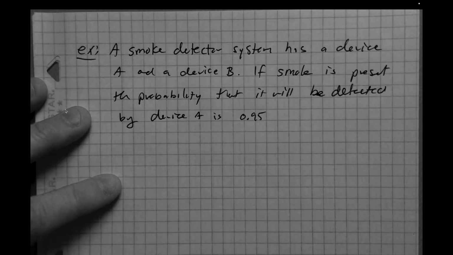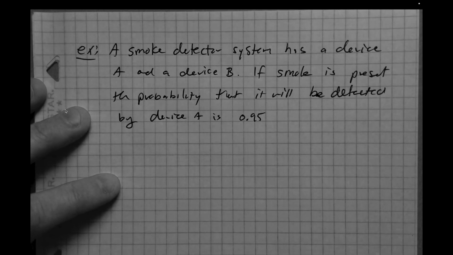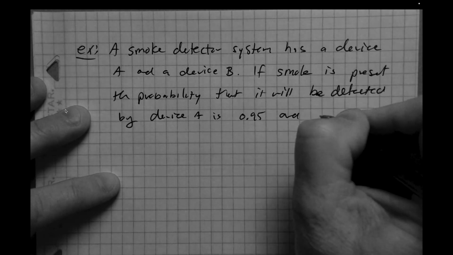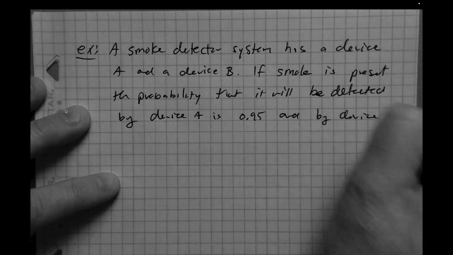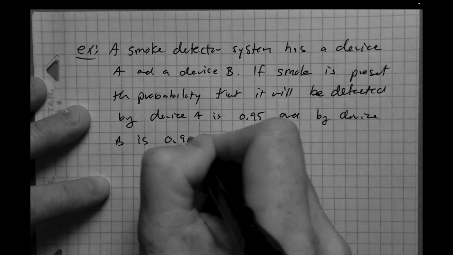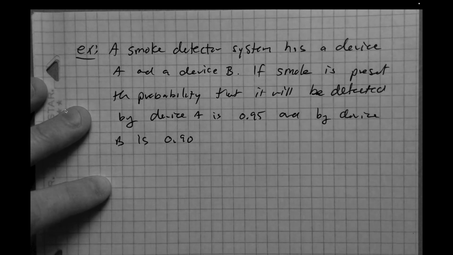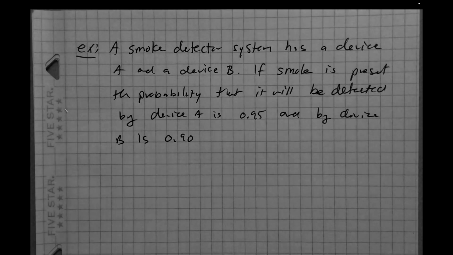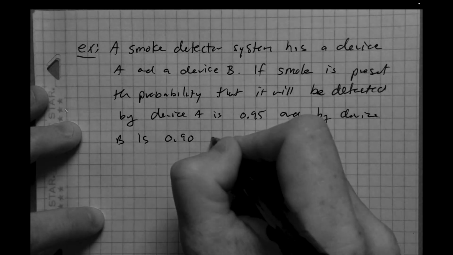And by device B, the probability is 0.90. And the probability that it'll be detected by both is 0.88.